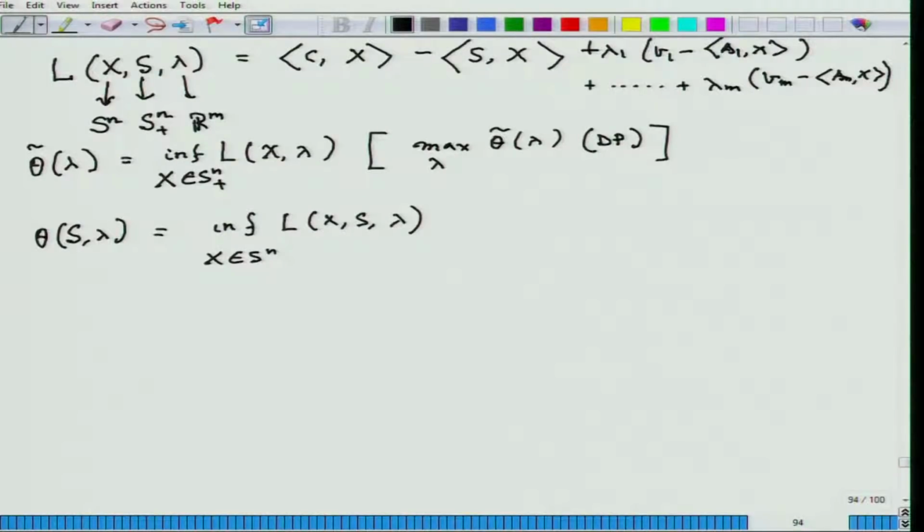Now, let me take the second formulation and try to see how I compute this. In order to do so, I again write down as I did for the linear programming case.